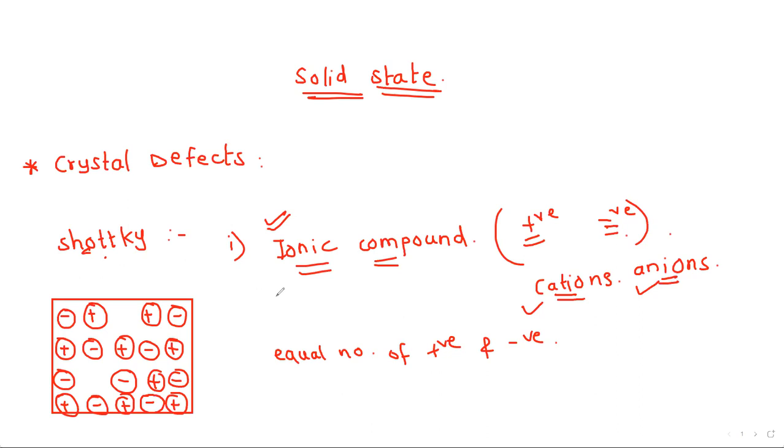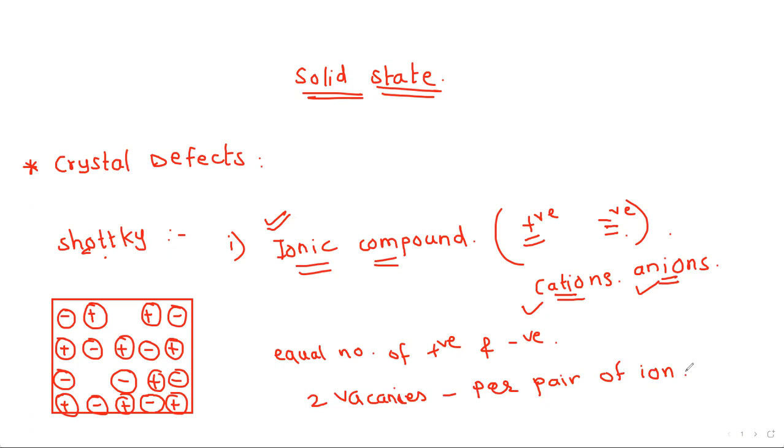So two vacancies have been created per ion pair, per pair of ions, one being positively charged and the other negatively charged. So we can say that when an equal number of cations and anions are missing from regular sites, that defect is called a Schottky defect.